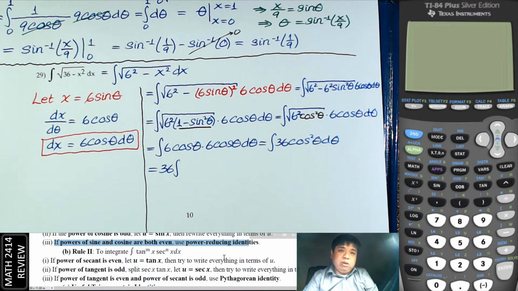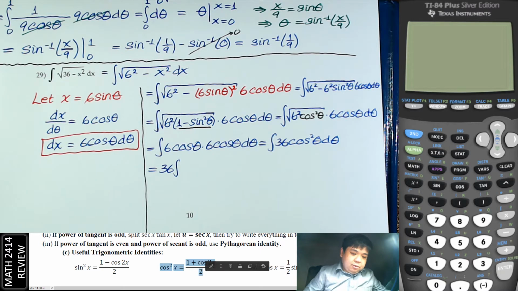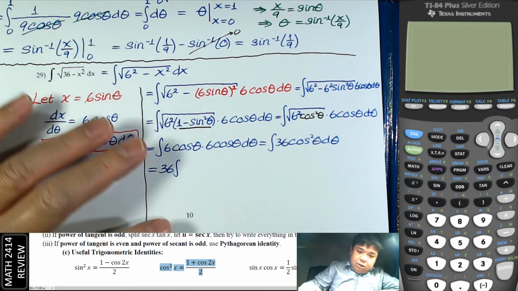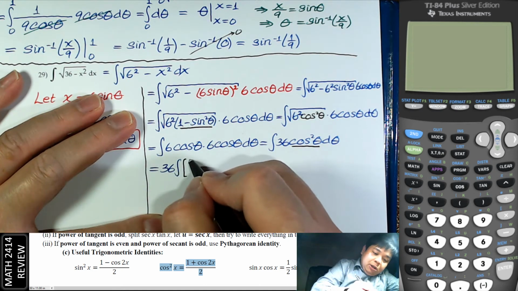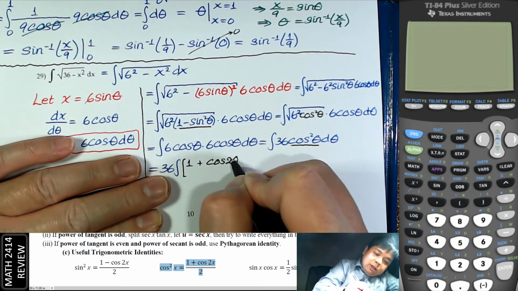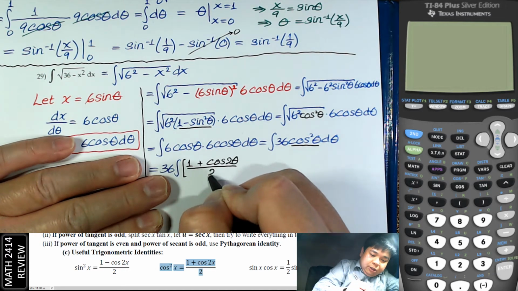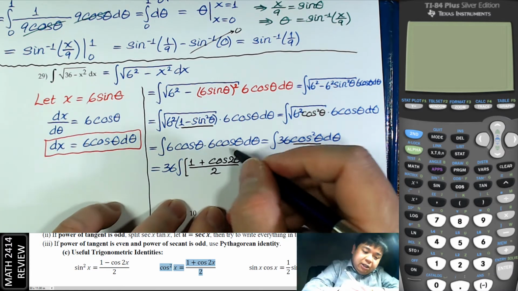So power reducing for cosine square is this. Cosine square using power reducing is 1 plus cosine of 2 theta over 2, and then d theta.